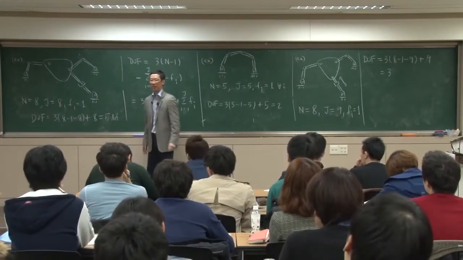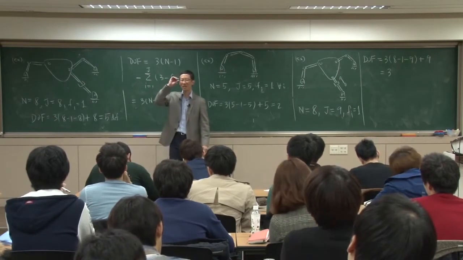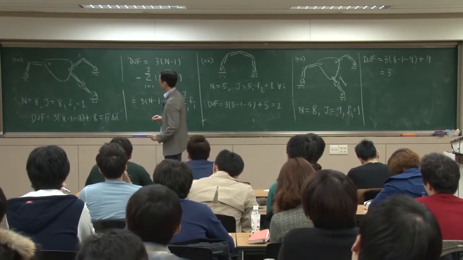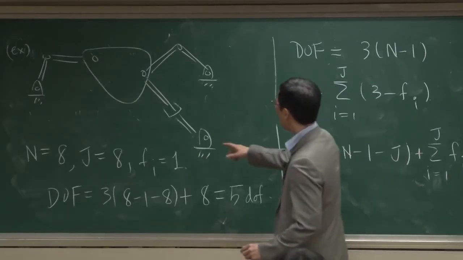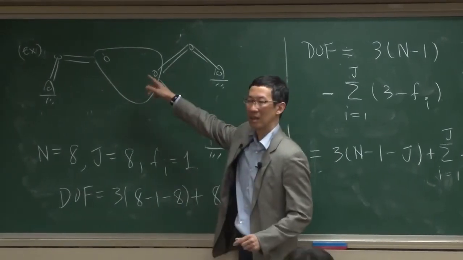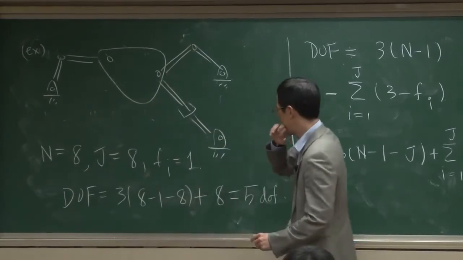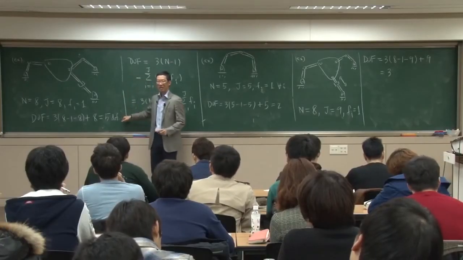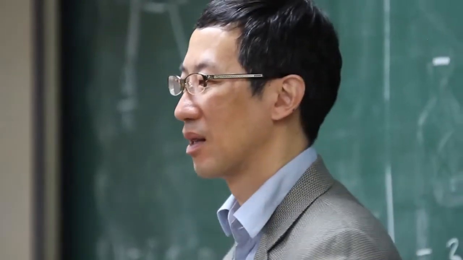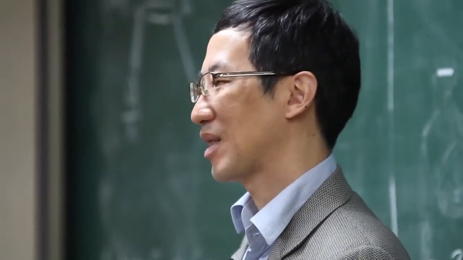Wow, that seems an awful lot, right? So if I fix 5 joints, that means this becomes a structure, it cannot move. So this is 5, whereas that's 3. Something doesn't seem right, right?